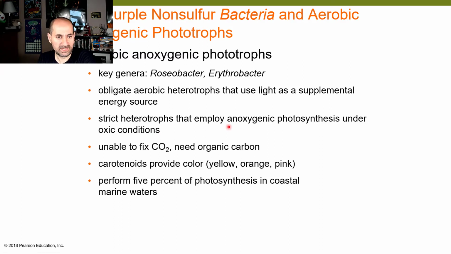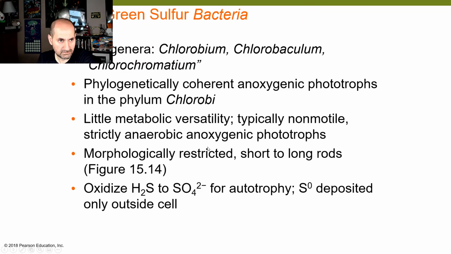They are also anoxygenic under oxic conditions. So anoxygenic, unable to undergo CO2 fixation during the Calvin cycle. That's probably the most important thing to know about these aerobic anoxygenic phototrophs.